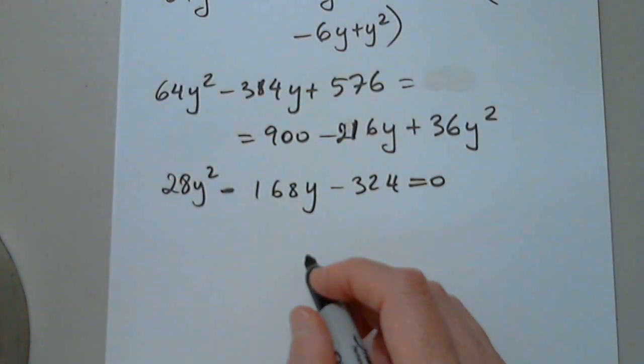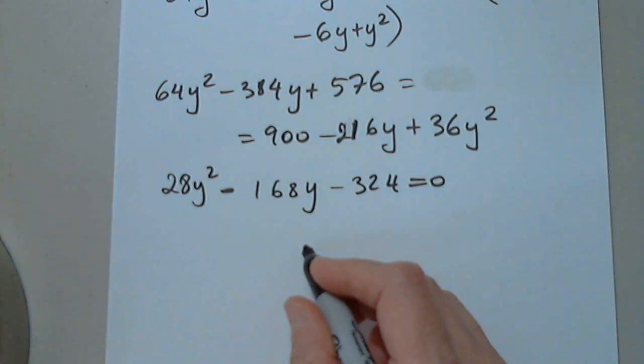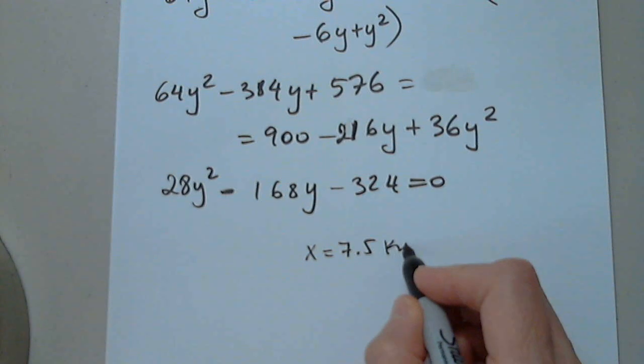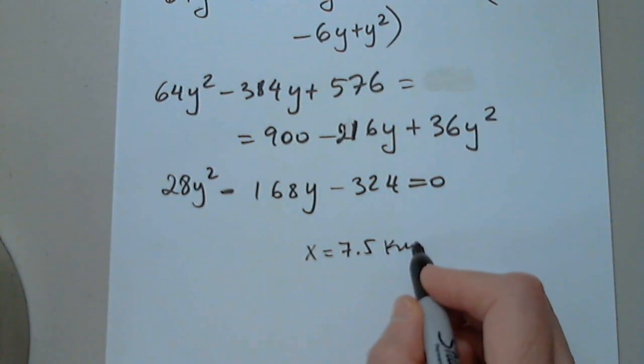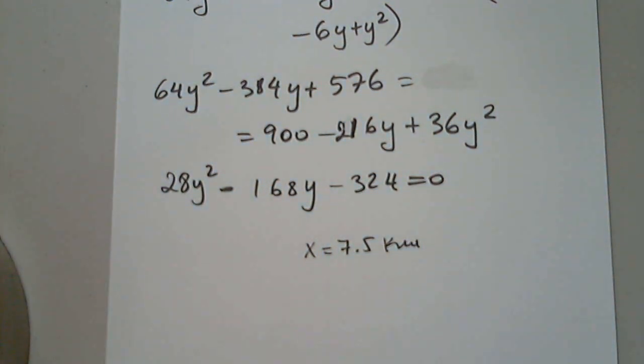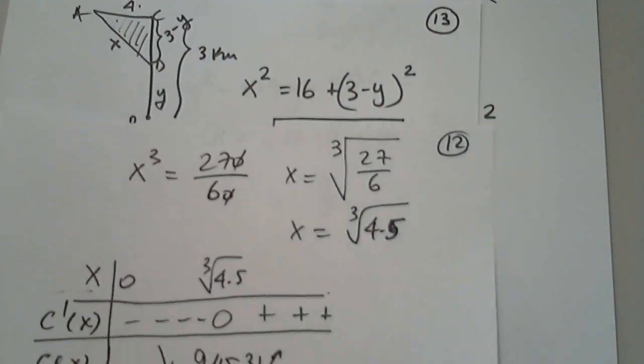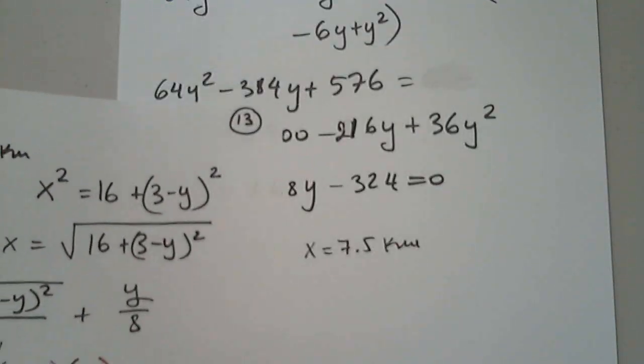Of course, x cannot be negative. So x is 7.5 kilometers. But it doesn't make sense. Yeah, it could. Hold on one second.